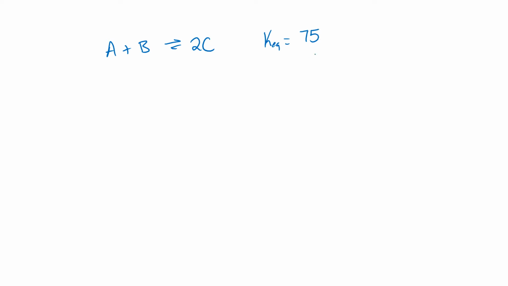So we know what the KEQ of this reaction is. We can write out the KEQ expression as well. KEQ equals the concentration of C squared over the concentration of A times the concentration of B. So we have the KEQ value.